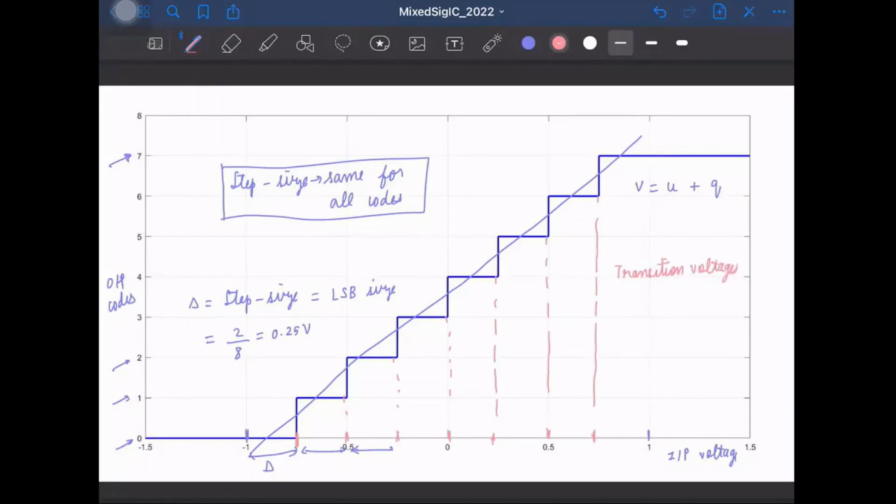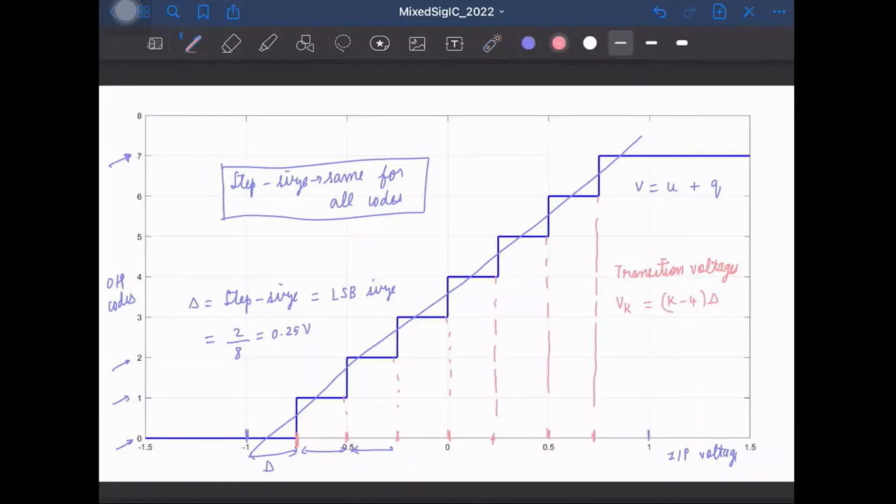And let us say for the kth code, I call the transition voltage to be Vk. What is this? So each of these voltages, that is these, right? And each of these transition voltages is spaced by delta apart, right? So which means for the kth code, it's going to be k minus 4 times delta, right? Because I have 4 codes on the negative side and 4 codes on the positive side.